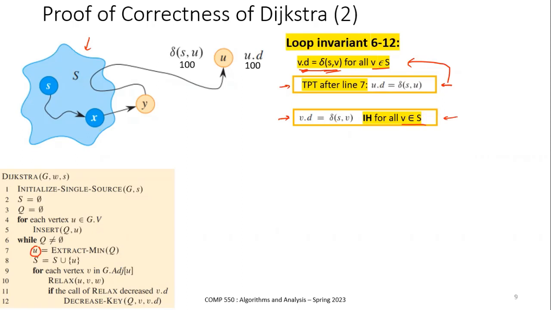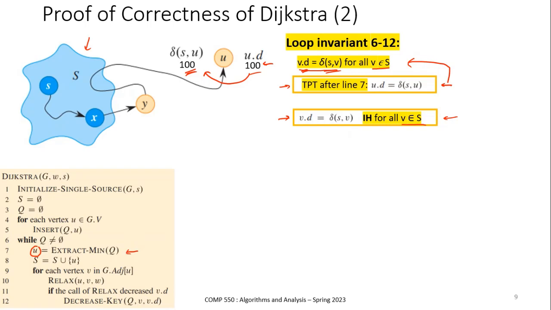I'm going to throw some numbers over here so that you can see concrete numbers as you go through this proof. We're trying to prove that these two are equal. In other words, U.d, let's say, is 100. If the shortest path weight is also 100, we're trying to prove that U.d will be equal to 100 when we pull out U based on line number 7.